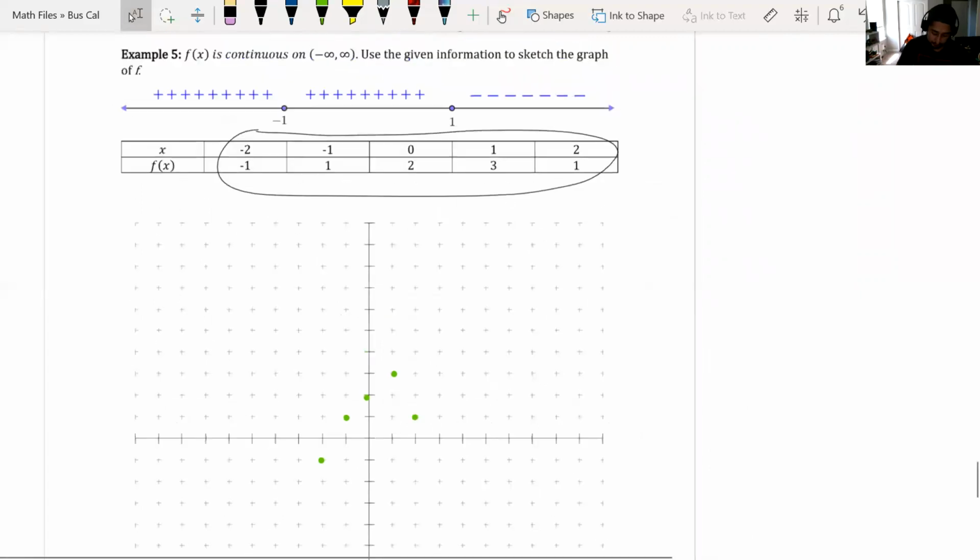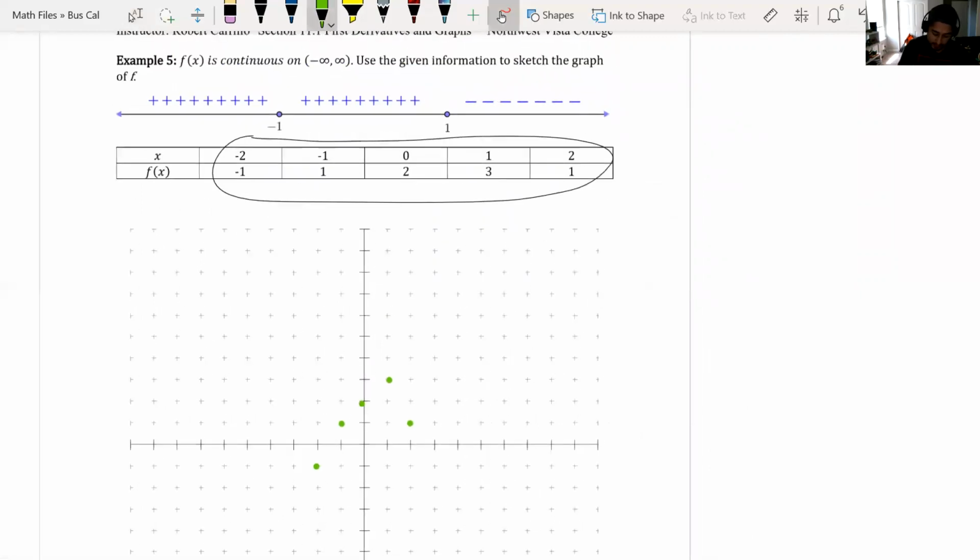From negative infinity to -1, the graph is increasing. Let me label stuff on here: -2, -1, 0, 1, 2. It says from negative infinity to -1, we are increasing. And then from -1 to 1, we are still increasing. And then from 1 to infinity, we decrease.